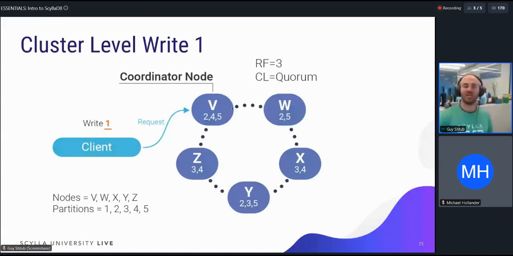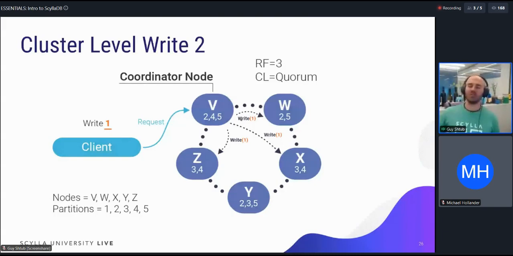Coordinator node V performs the consistent hash function on the partition key of the data, if you remember from before, and it sees which 3 nodes. We have a replication factor of 3, so which 3 nodes are responsible for this specific piece of data, and it sees that these 3 nodes are W, X, and Z, and it passes the request directly to them.